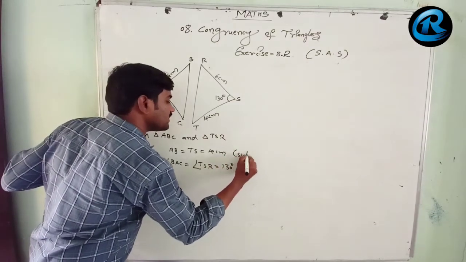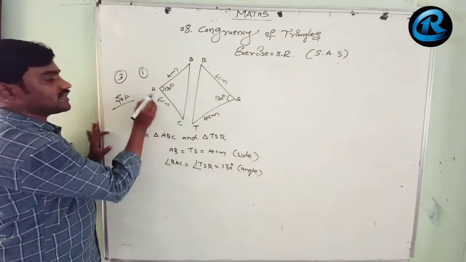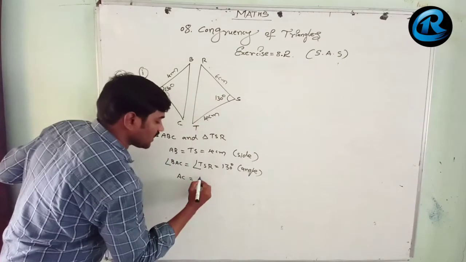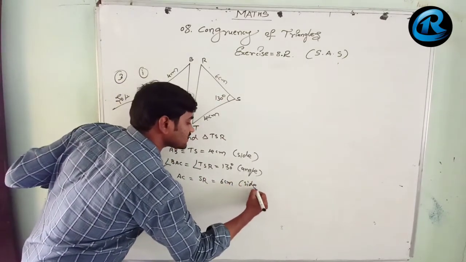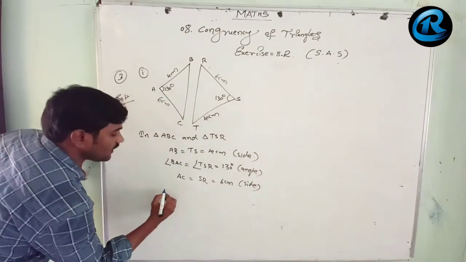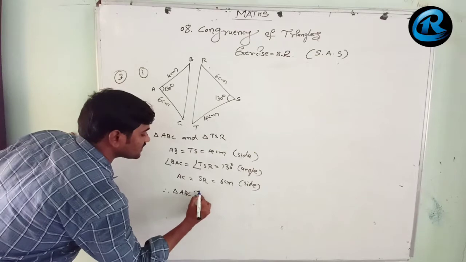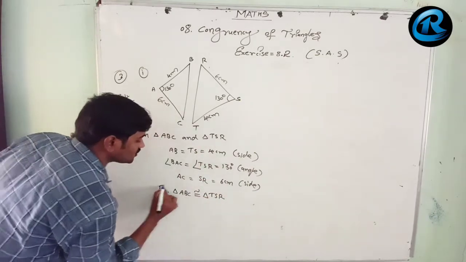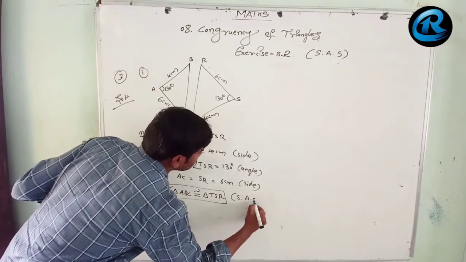This is a side and this is an angle, and one more side, AC is equal to SR, equal to 6 centimeters. This is also a side. So we can say that triangle ABC is congruent to triangle TSR, by the rule of side, angle, side.